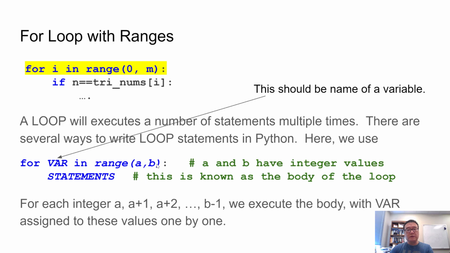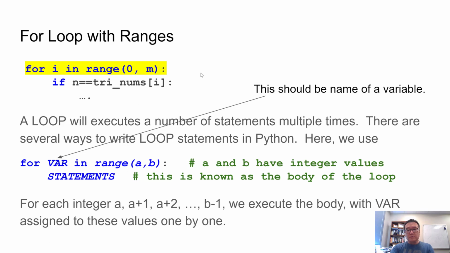It should never be greater than or equal to b. The variable var here will be assigned to each of these values and then the body will be executed. So in fact, if I write range with b equal to a, then this loop will not execute at all, because we only want to consider the numbers that are less than b.